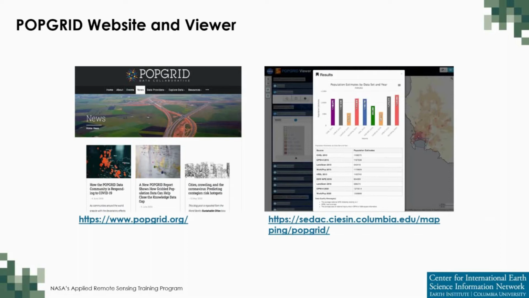And I think as you have seen in the previous session, we built a tool that allows you to actually compare data for any particular area you're interested in from the different global scale population data sets, including highlighting an area with a polygon or circle and getting the estimate of population in that area.